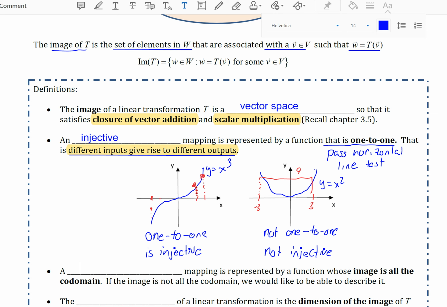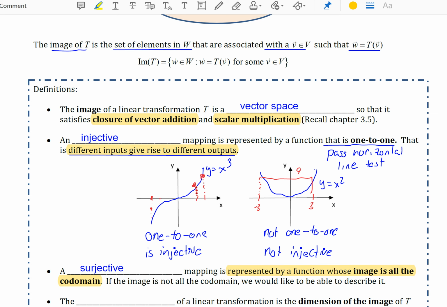A surjective mapping is represented by a function whose image is all the codomain.